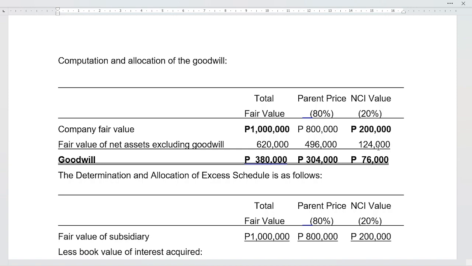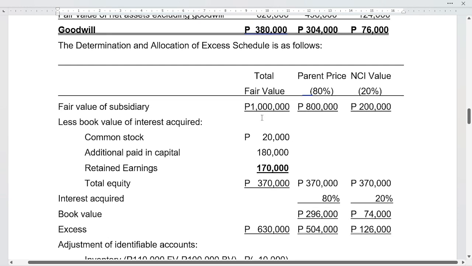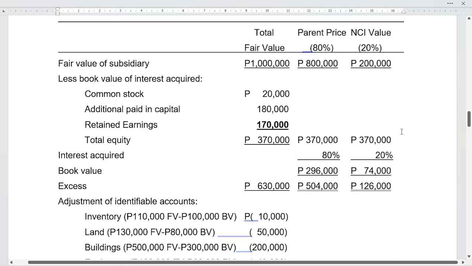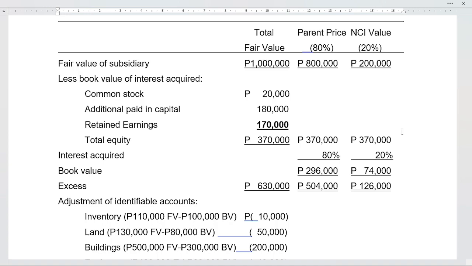The determination and allocation of excess schedule is as follows. Fair value of subsidiary has a total fair value of 1 million, parent price of 800,000, and an NCI value of 200,000 pesos. Last, the book value of interest acquired. Common stock has 20,000, additional paid-in capital of 180,000, retained earnings of 170,000, with a total equity of 370,000.